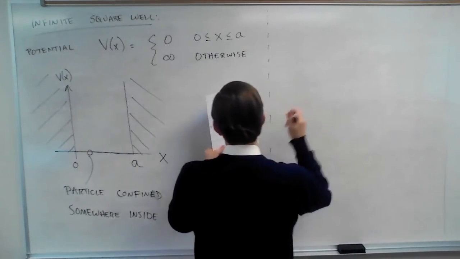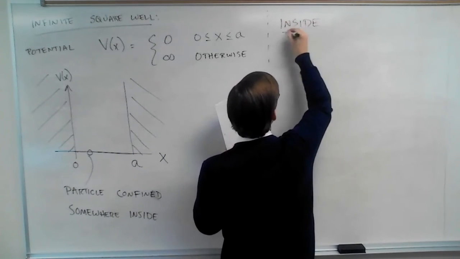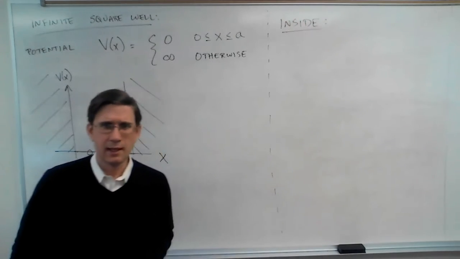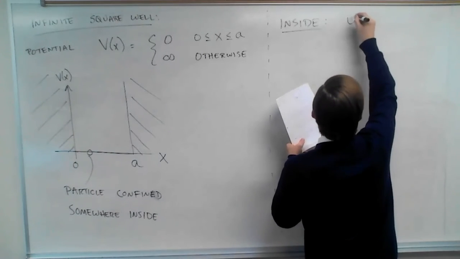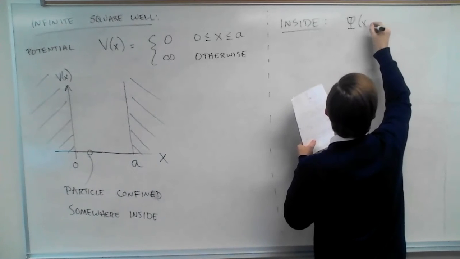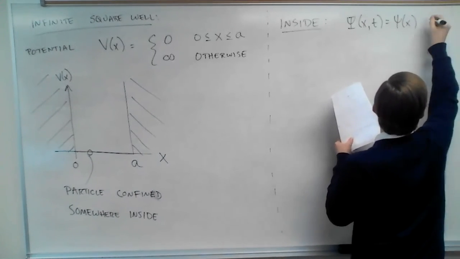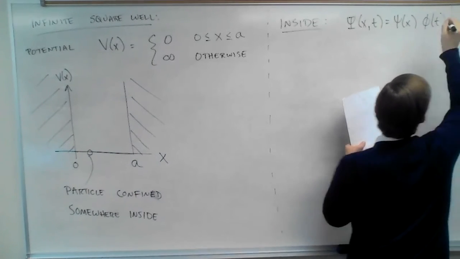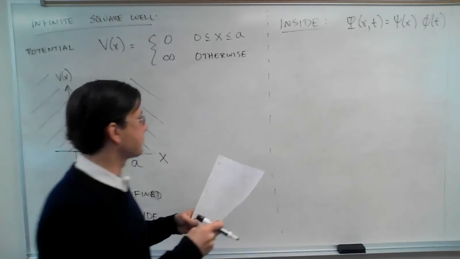Okay, so inside the well, as a good starting point, just like we saw in the last lecture, we know that we can write capital psi of x and t as a spatial part, little psi of x, times a time-dependent part, phi of t. Okay, so we know that much.